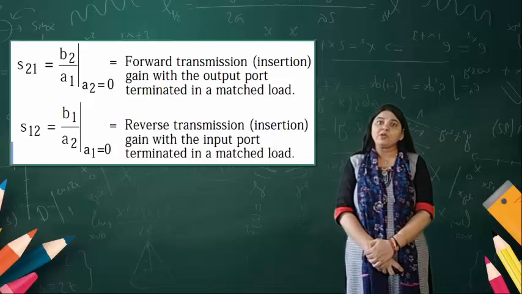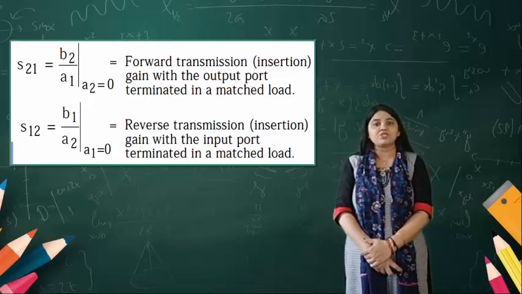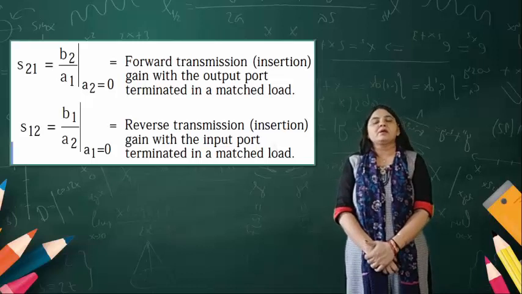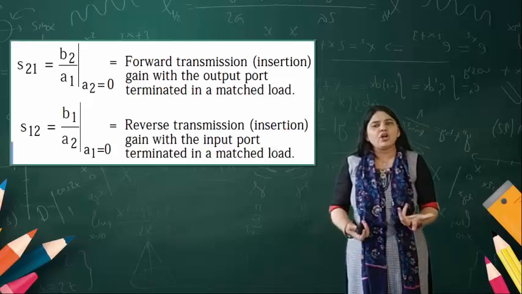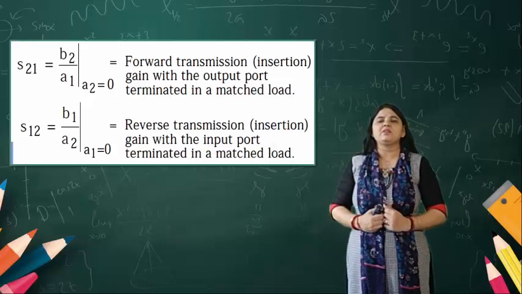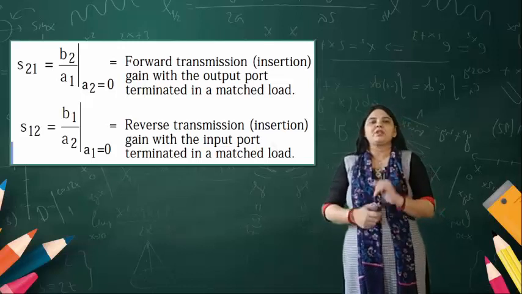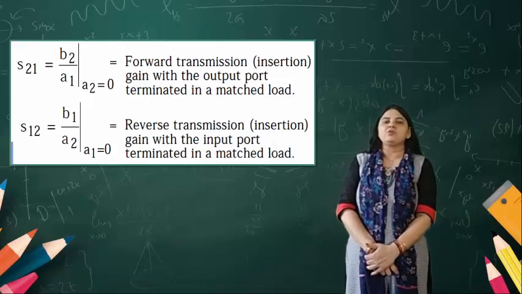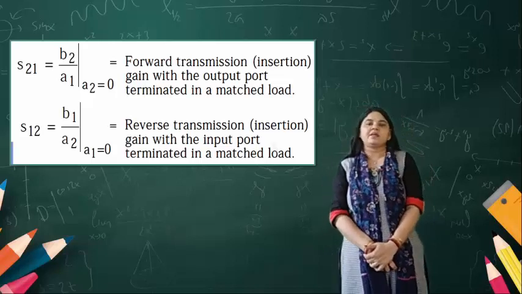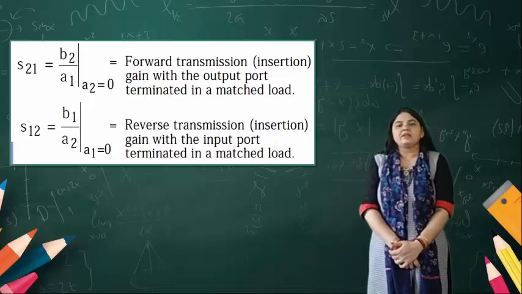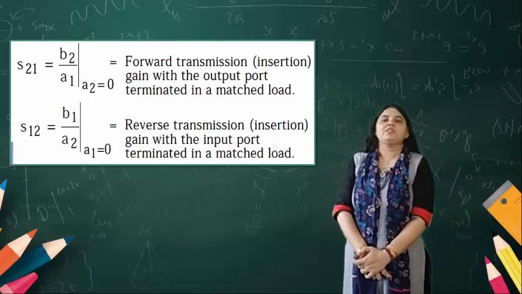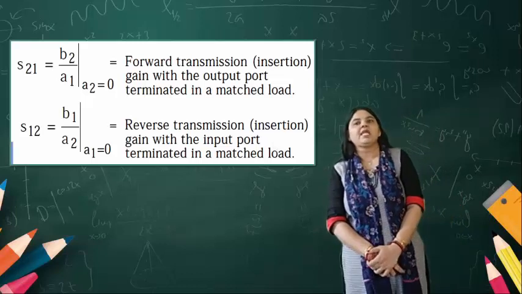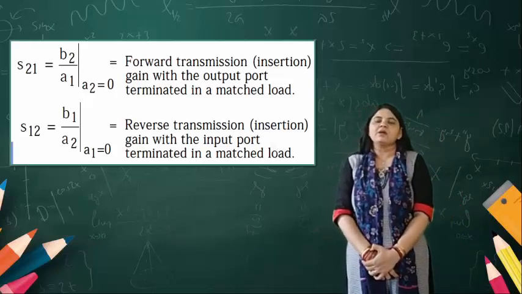While port number 2 is connected with the match termination, applying the input from the port number 1, that is the A1, what is the output? Okay, the reflected wave at the port number 2. So it is known as the forward transmission, okay, and the insertion gain with the output port terminated in a match load.